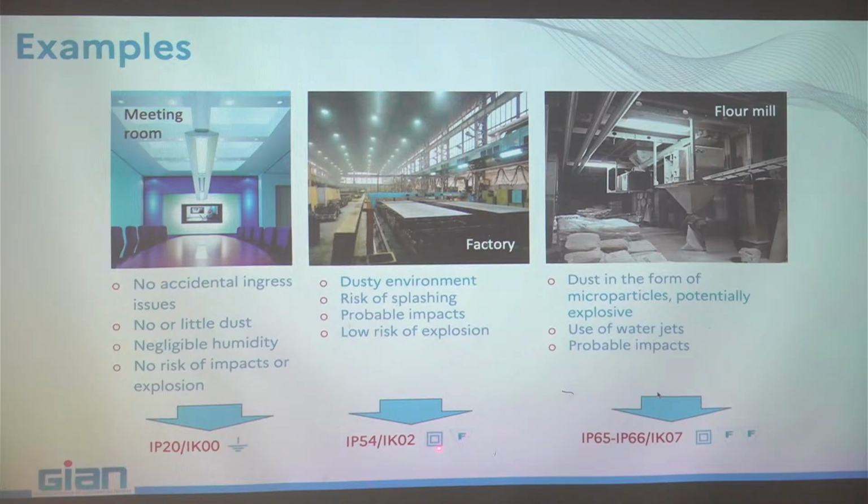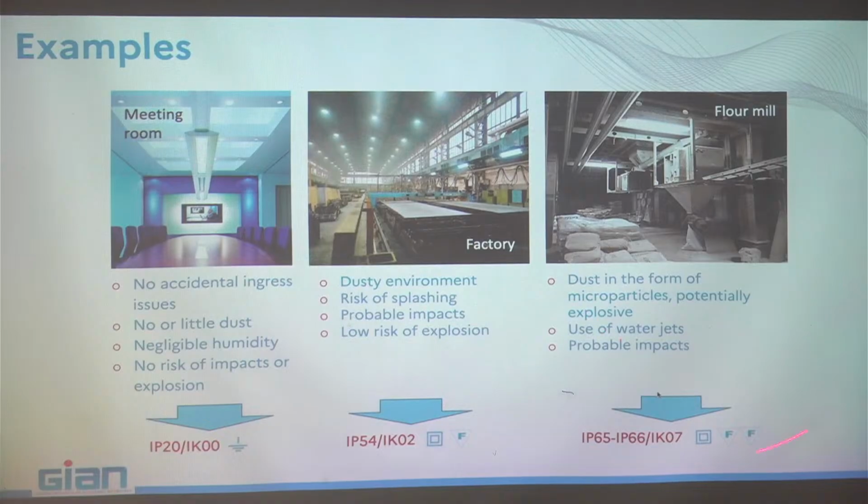It is better to have class 2 insulated luminaires, because you may have water coming in and the luminaire is not really protected against water splashing from behind. And in fact, you may have fire hazards, so it is better to put F protection on your luminaires here.